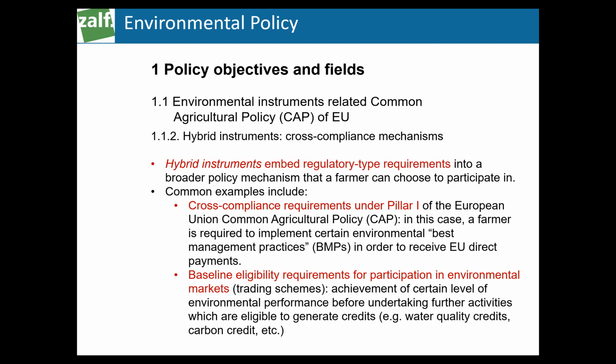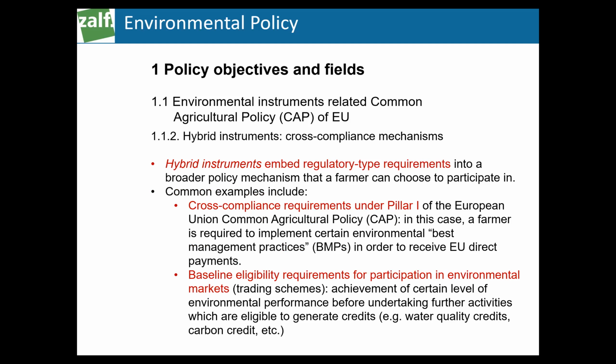Okay, if you look now at the hybrid instruments, embedded regulatory types of requirements, this cross-compliance, what I already explained, is that we have the CAP, the Common Agriculture Policy. A farmer is required to implement certain environmental best management practices, and then they can receive direct payments, not only from this activity but also from others.